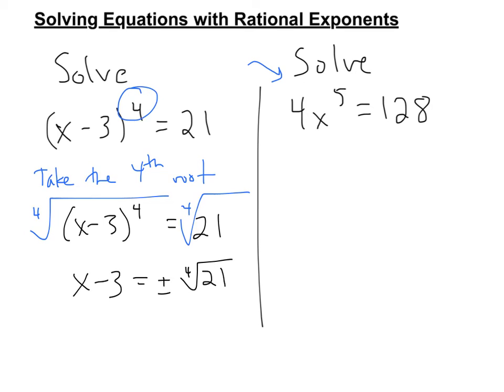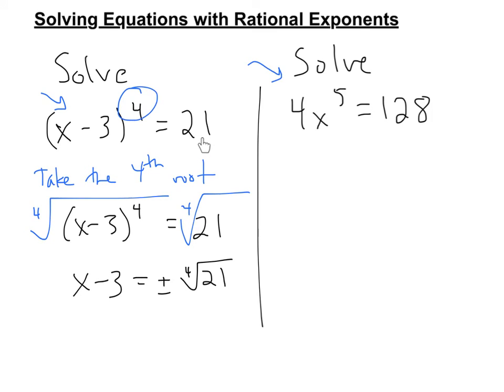Okay, and that's because, well, when you raise something to the fourth power, it's going to turn out positive no matter what. So this could end up being a negative expression in parentheses here, and we raise it to the fourth and get 21, or it could be a positive expression in the parentheses, and we raise it to the fourth power, and we get 21.